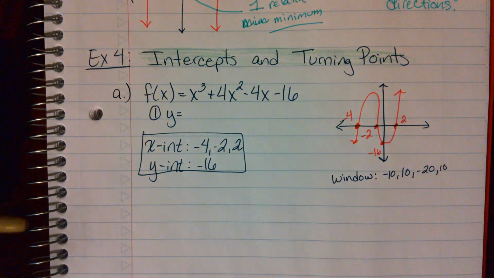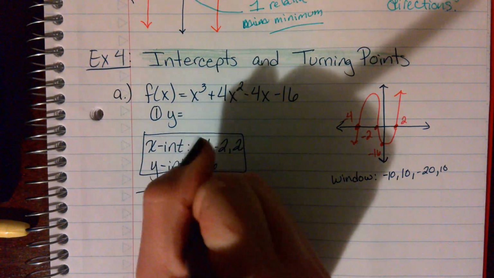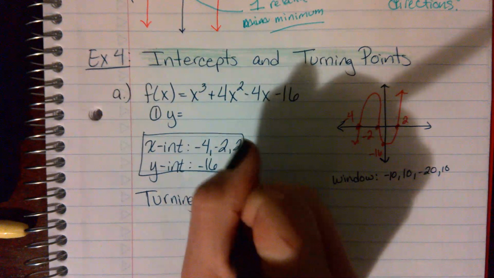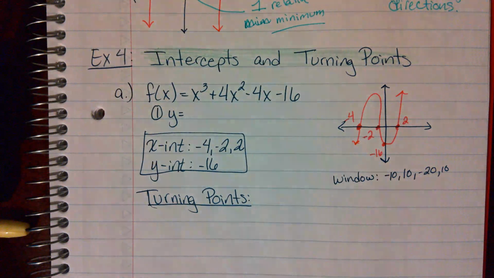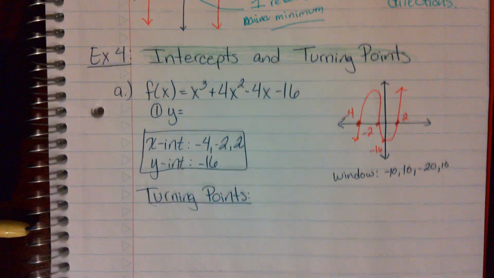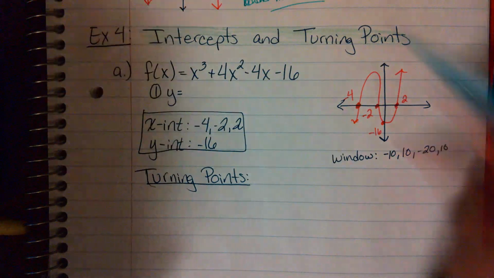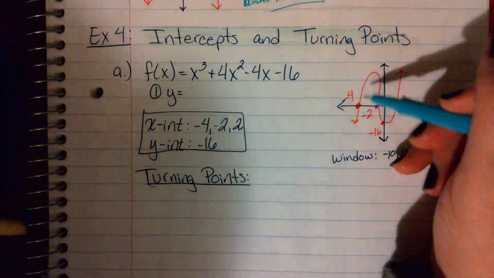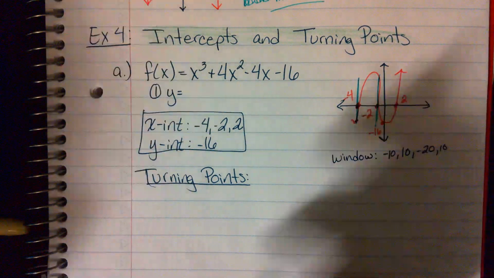Now when we describe our turning points, what we will be describing are the intervals in which that turning point happened. Remember the turning point is where they change directions. Well, this graph changed directions between negative 4 and negative 2.